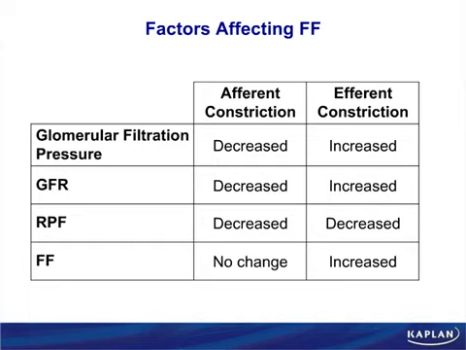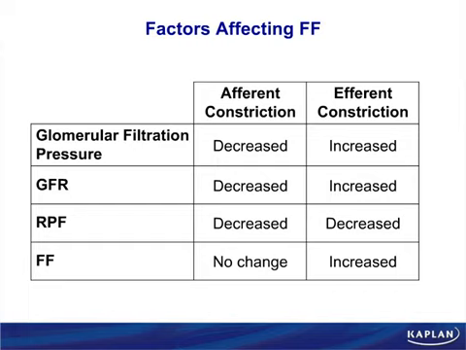What did drug X do? Vasoconstrict the efferent arteriole. It increased the filtration fraction. Increasing the filtration fraction will increase the oncotic pressure. Now, that oncotic pressure will become the oncotic pressure in the peritubular capillaries, and that will lead to an increase in proximal tubular reabsorption.